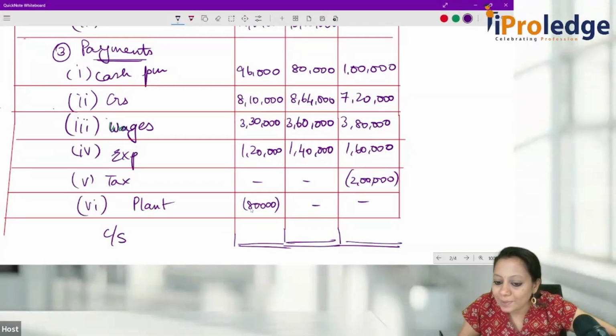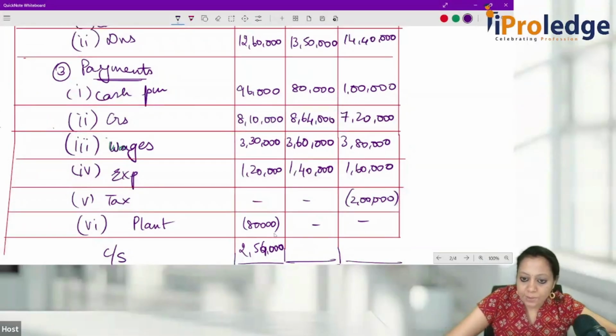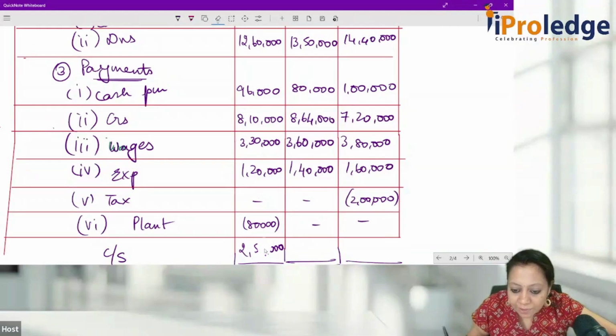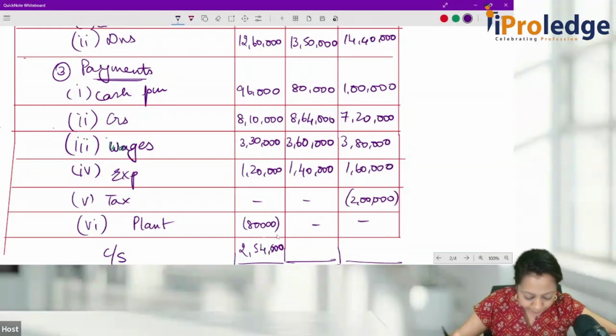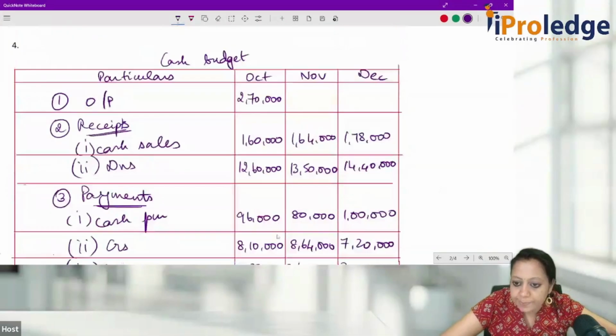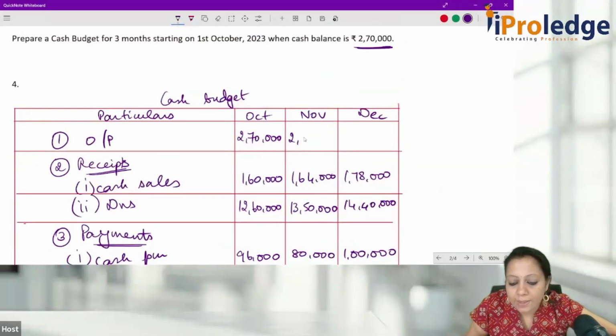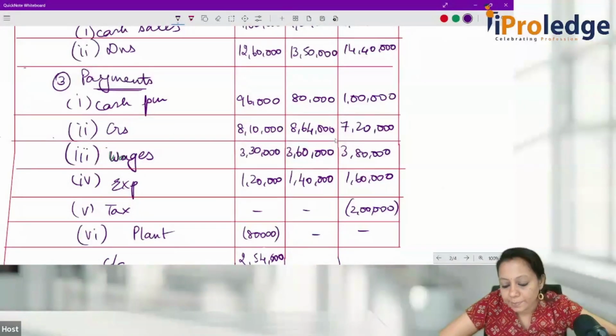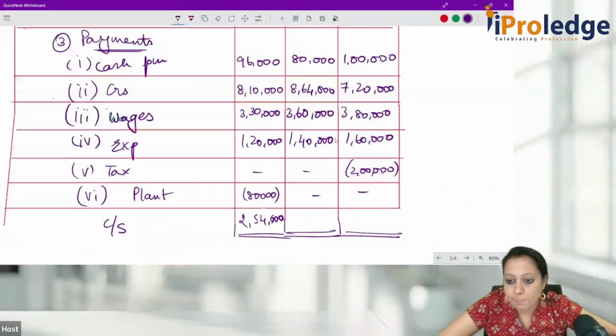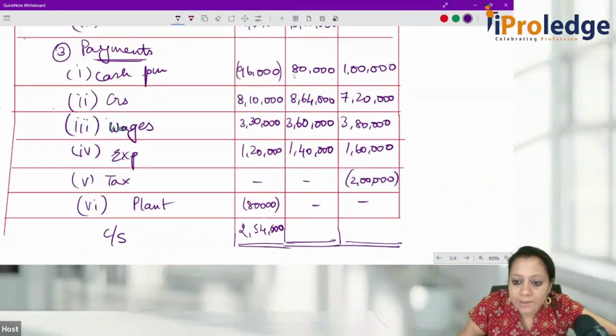Three lakh 52, 2,50,000. Thank you. Acha, 54,000. So 2,54,000. I will go and substitute in the opening. And of course, all these are also minus only. Bracket we can put if required.